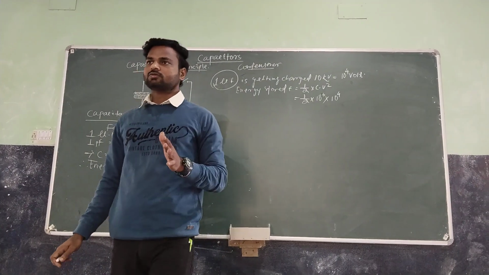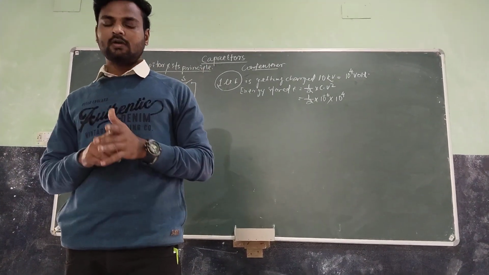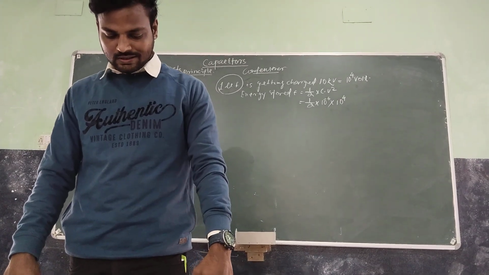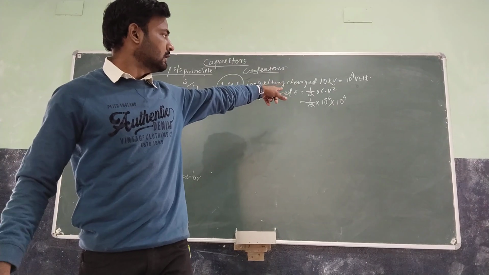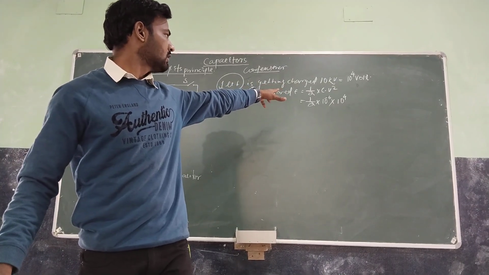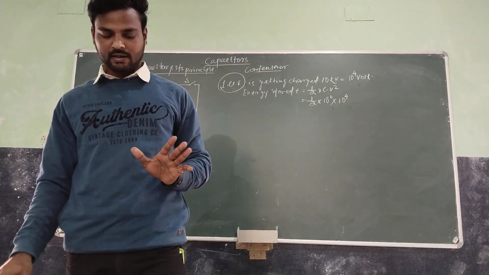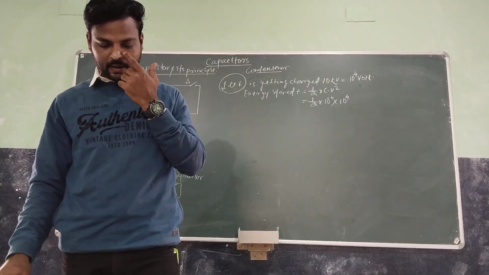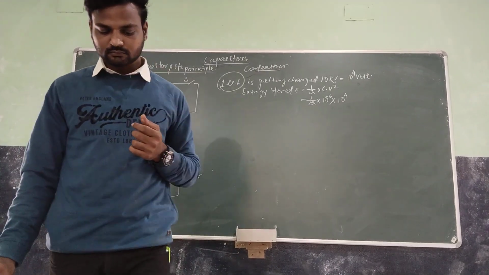Clear? So the formula says that energy is equal to 1 by 2 into CV square. So 1 by 2 into 10 to the power minus 6, because 1 microfarad is equal to 10 to the power minus 6 farad, into 10 to the power 4.